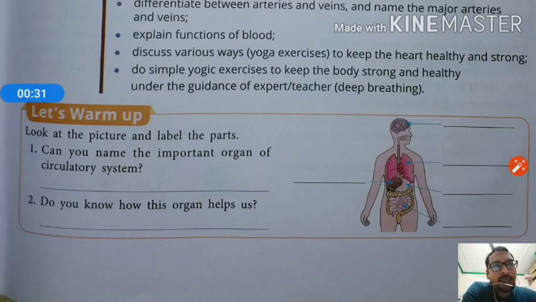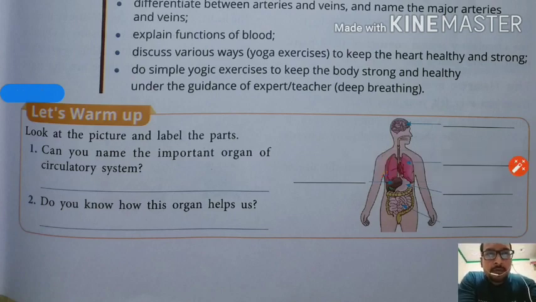As you can see in this picture, can you name the important organs of the circulatory system? Do you know how these organs help us? The first one is the most important part of your body, that is the brain.